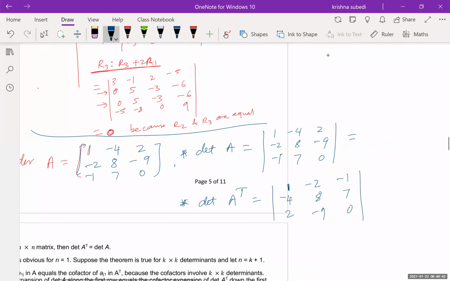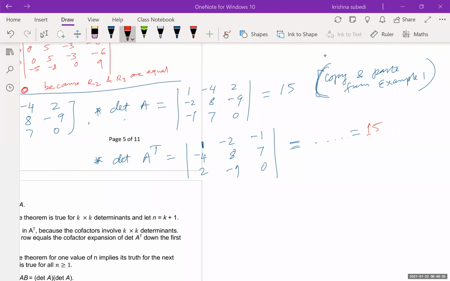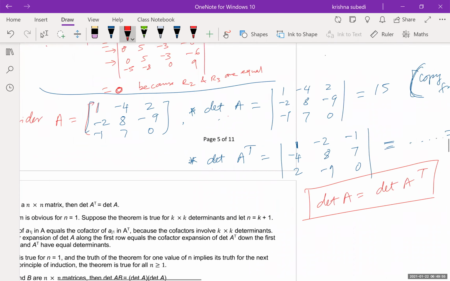I want you to find this as well, and let's see what the relationship is between the determinant of A and the determinant of A transpose. So now we can say that the determinant of A is 15 and the determinant of A transpose is also 15. And this is not a coincidence. This always works, guys. So we notice that the determinant of A equals the determinant of A transpose.